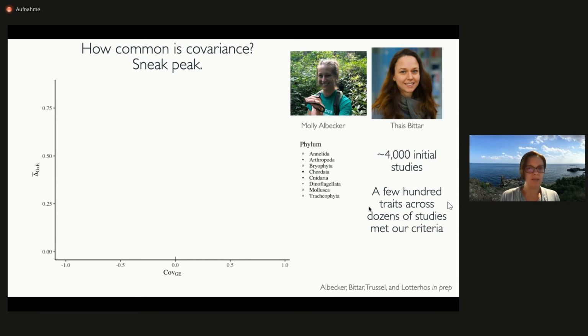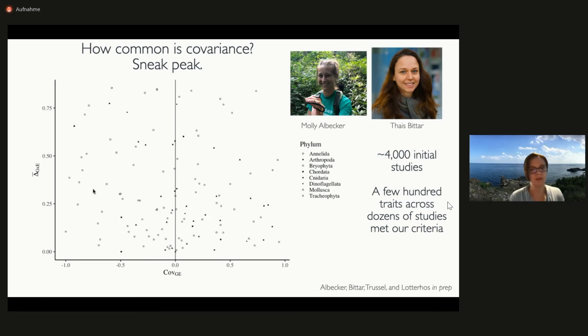So I'm going to plot the initial pattern that we see in this meta-analysis on this graph. On the bottom x-axis here is the COVE-GE metric that I've been talking about. On the y-axis is a standardized metric for genotype by environment interactions. And here's the pattern that we found in the data. As you can see, it's all over the place.